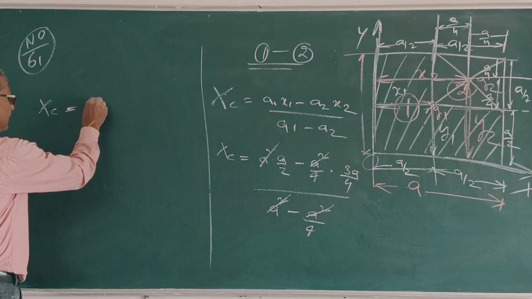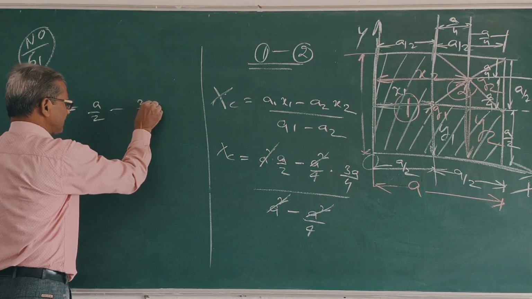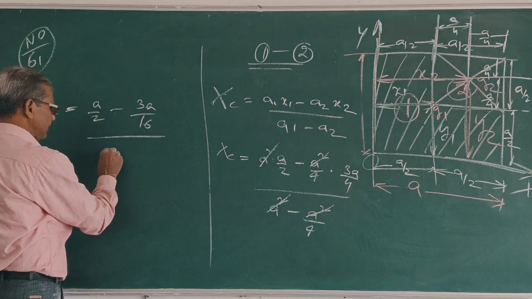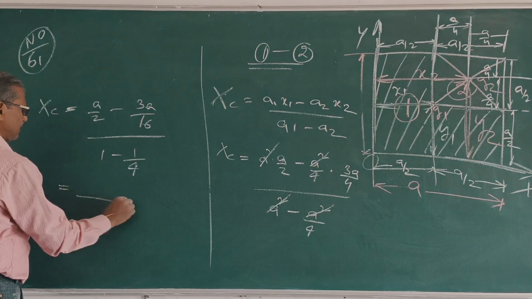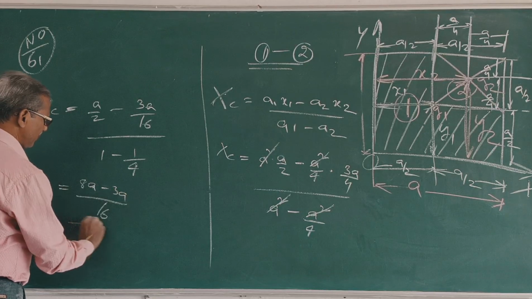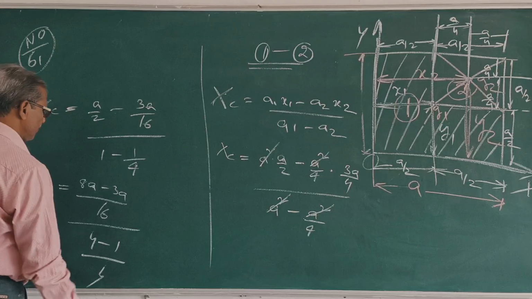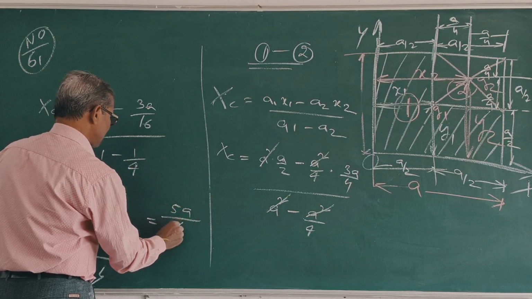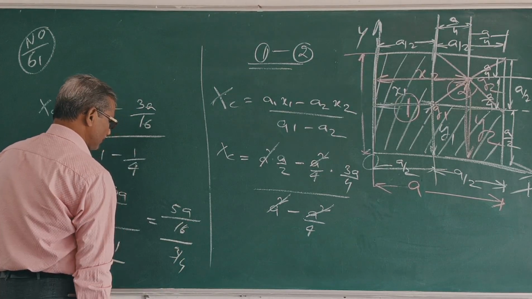So this is (a by 2 minus 3a by 16) by (1 minus 1 by 4). Clear? LCM 16: 8a minus 3a by 16, over 4 minus 1 by 4, is equal to 5a by 16 over 3 by 4. Clear?